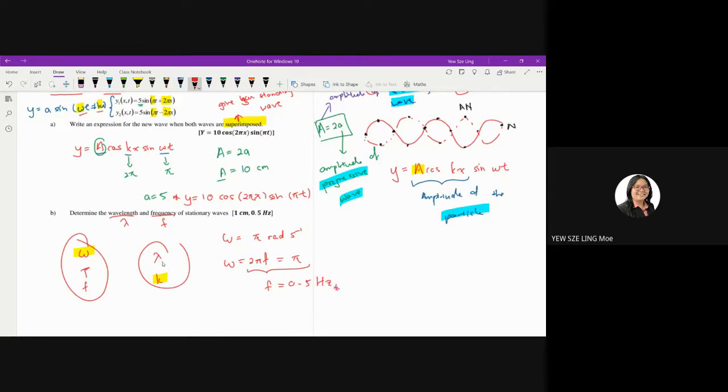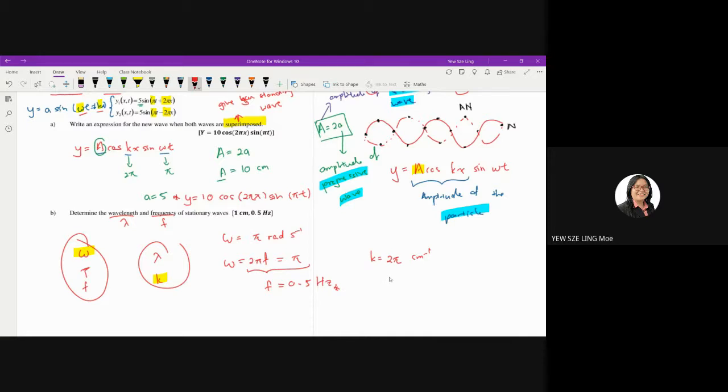How about lambda? How about wavelength? Again, by comparison, we obtain k equals 2 pi. What is the unit? Well, you're given x in terms of cm, so k obviously is cm negative 1. So k equals 2 pi cm negative 1.